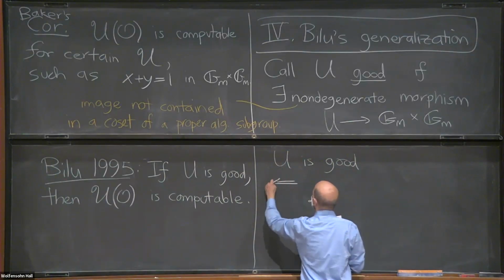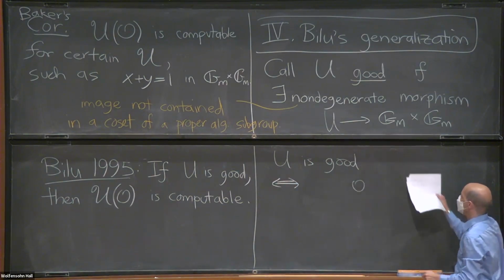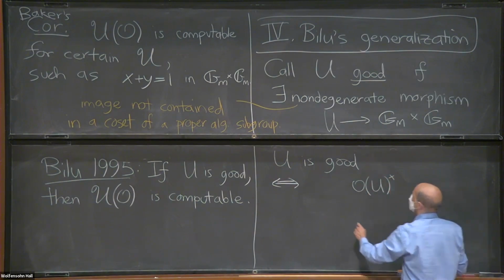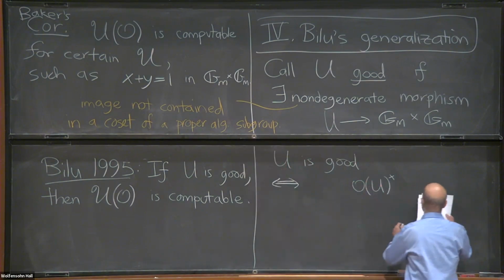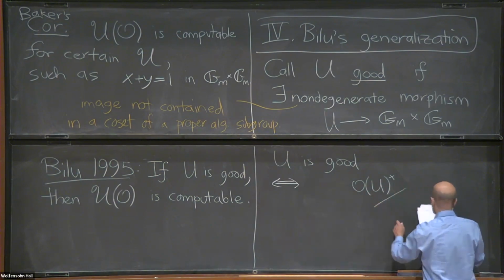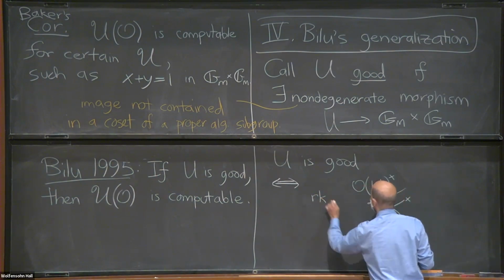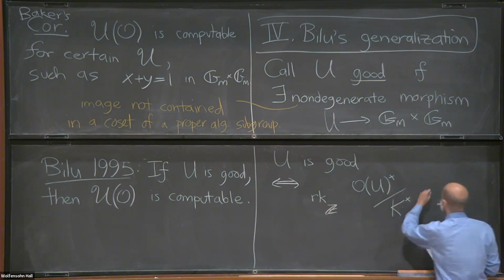It means that if you take each morphism from U to GM, that's the same as giving an invertible function on U. And to say that you have two independent ones that are non-degenerate in this sense is the same as saying that modulo constants, the rank of this group, the Z rank of the abelian group, should be at least 2.